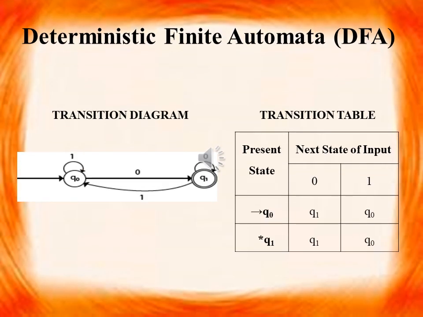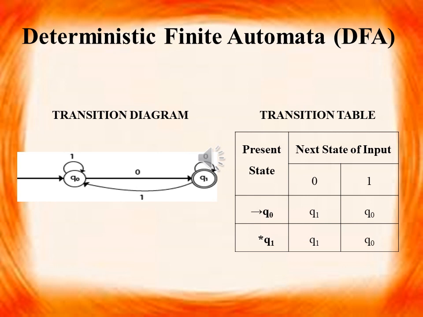Deterministic finite automata. By using the transition diagram, we form the transition table. In the present state, Q0 and Q1 are available. Q0 is the start and Q1 is the accepting state. We have two symbols, 0 and 1. Q0 with the value 0 gives the input value to Q1, so we are writing Q1.